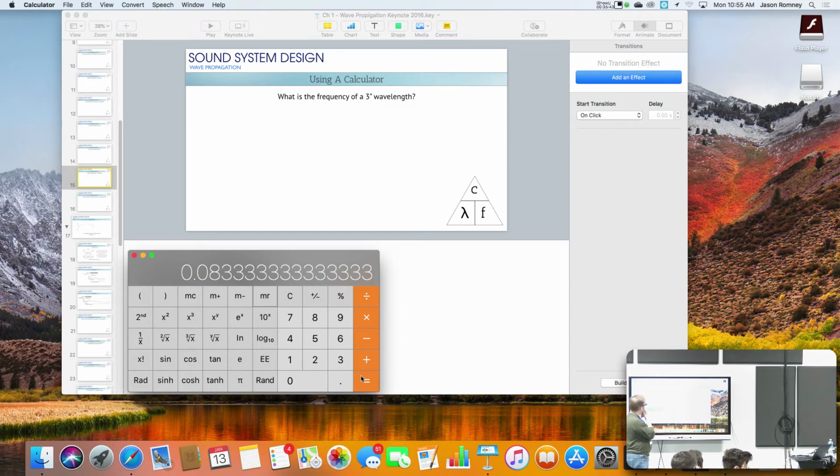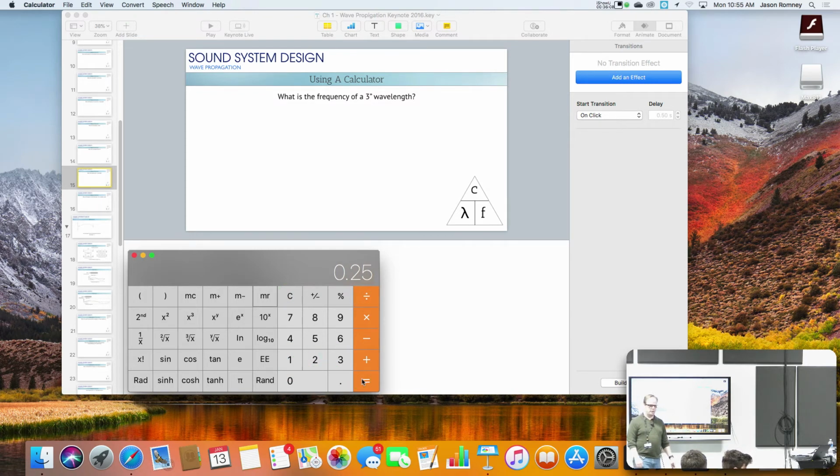So if I've got 3 of those, because I said 3 inches, I multiply that by 3. So that's 0.25 feet. 3 inches is 0.25 feet. Now, for those of you who are not as mathematically challenged as me, there's a shortcut there, which is you could just do 3 divided by 12, and you get the same thing.